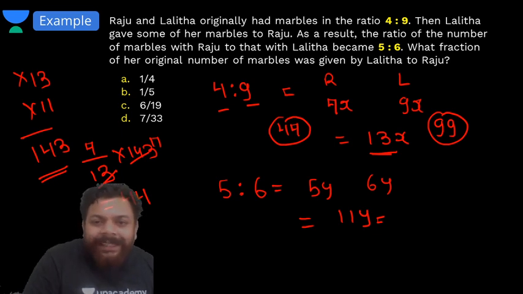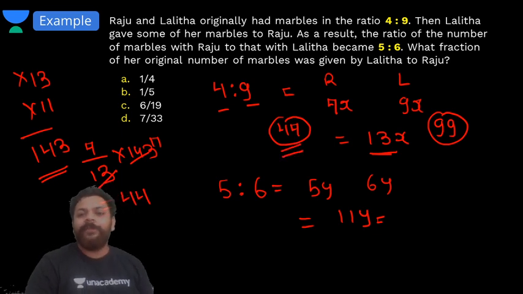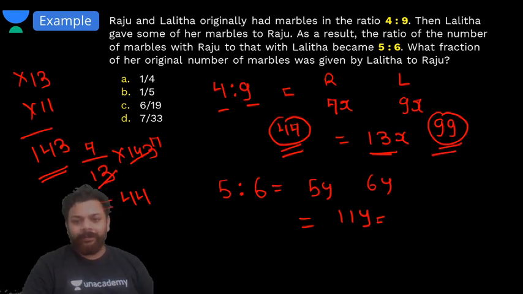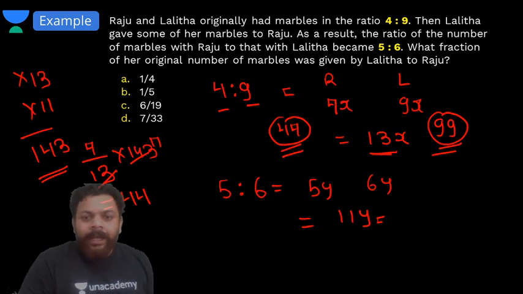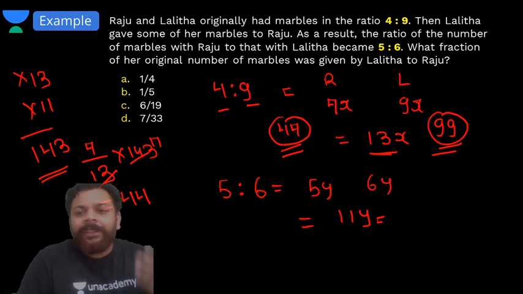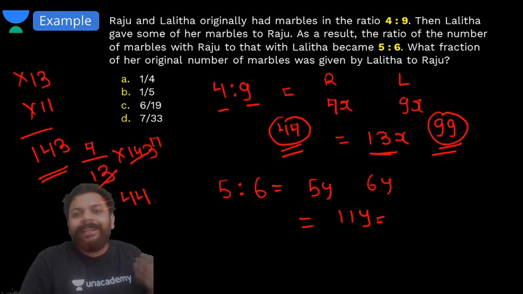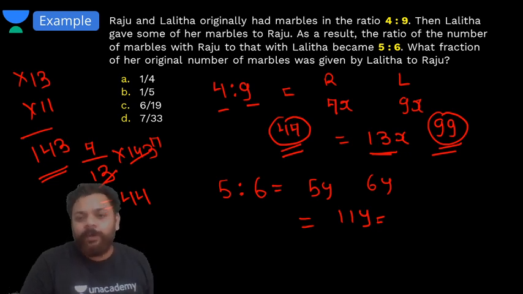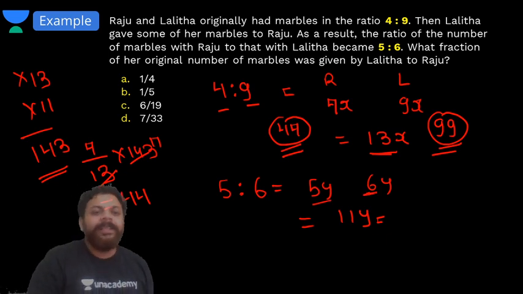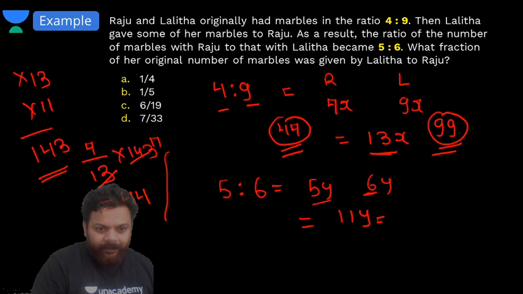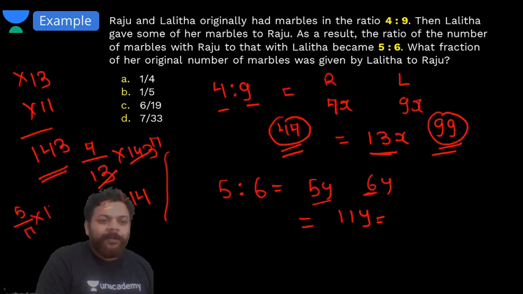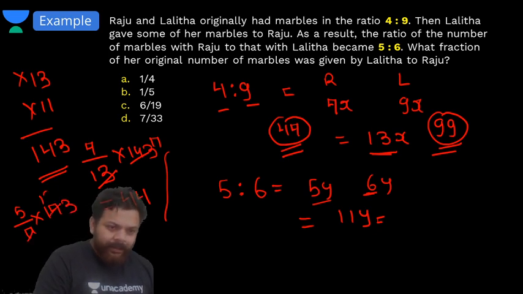So as of now, Raju is having 44 marbles and Lalita is having 99 marbles. After Lalita gives some marbles to Raju, the ratio becomes 5:6. So for Raju, it must be 5 by 11 of 143, that is 5 times 13.